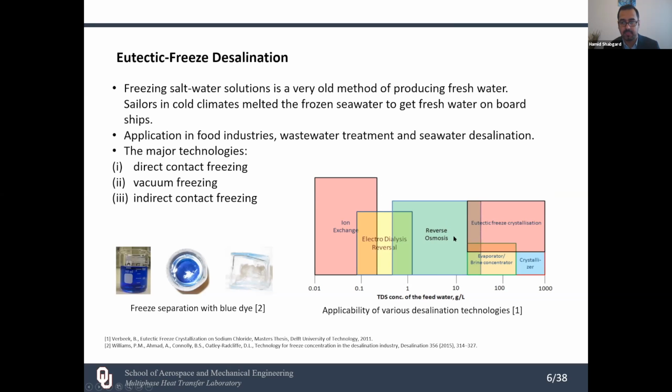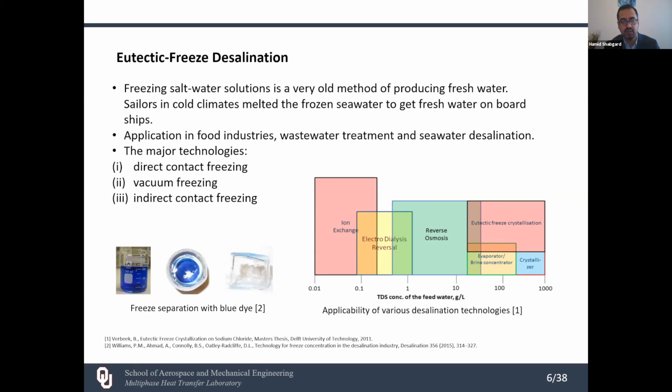And for TDS larger than what reverse osmosis can handle, there are typically thermal methods that include evaporation and then freeze desalination. Freeze desalination can potentially have advantages over evaporative methods because of the fundamental difference between the evaporation and freezing processes.